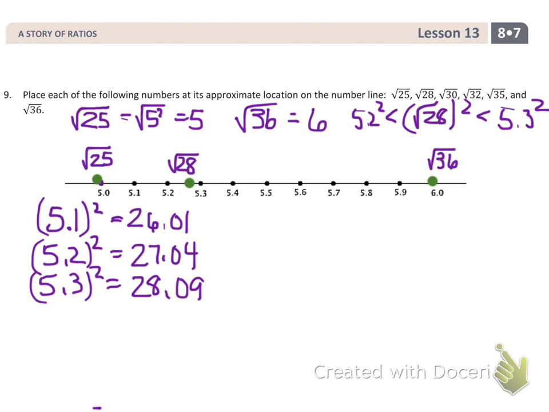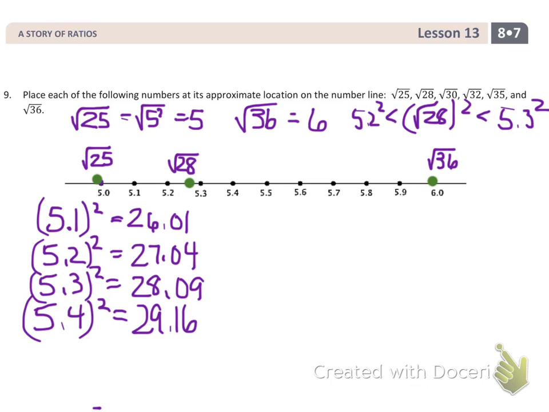So now we're looking for the square root of 30. Let's keep going. 5.4 squared is equal to 29.16.